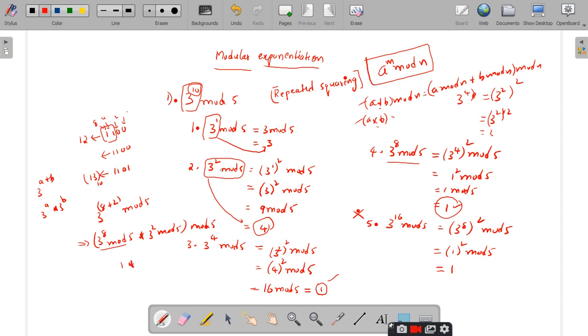Into what is the 3 square mod 5? 4. So 1 into 4 mod 5 is nothing but 4 mod 5, which is equal to 4. So 3 power 10 mod 5 is nothing but 4. This is how we have to calculate. Is it clear? Yes, sir.